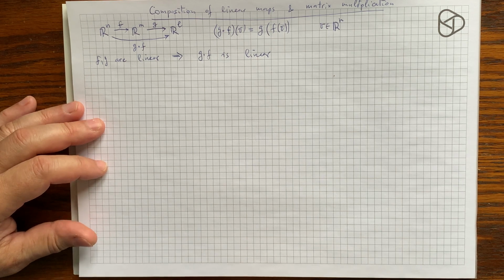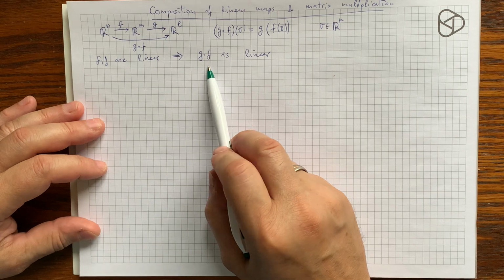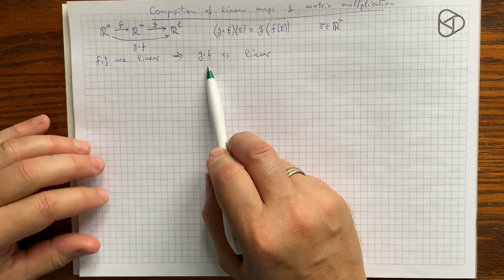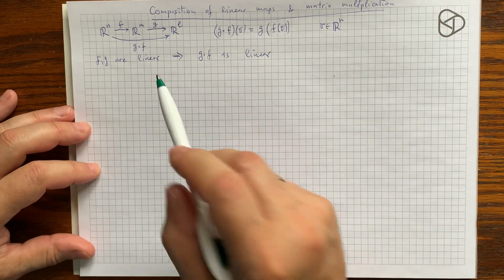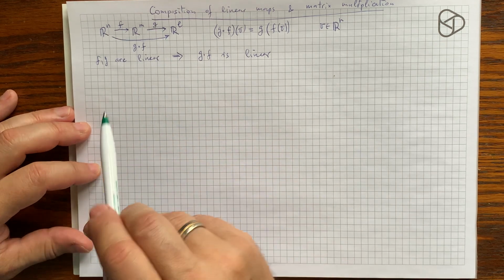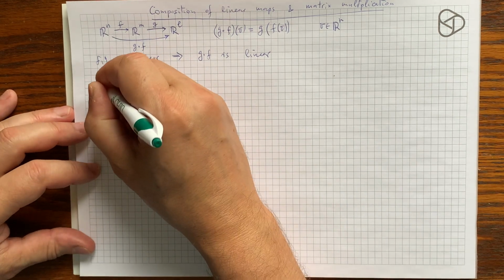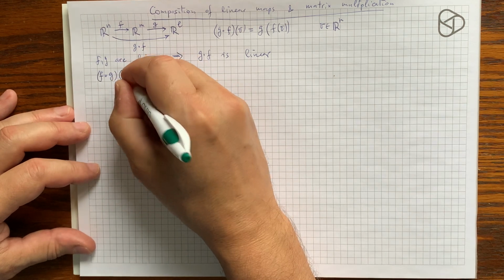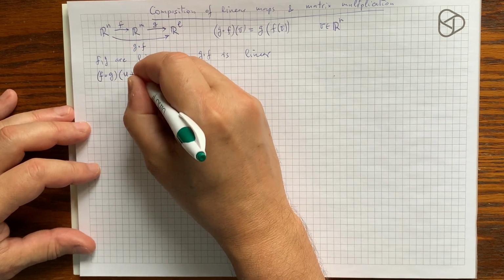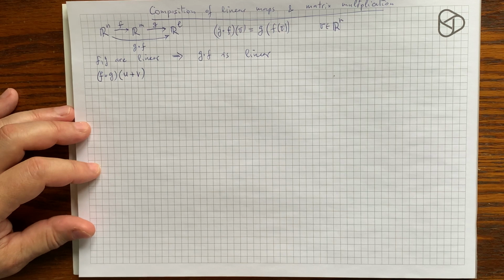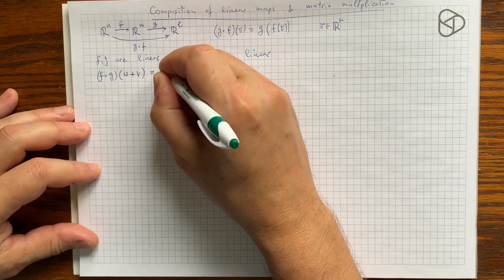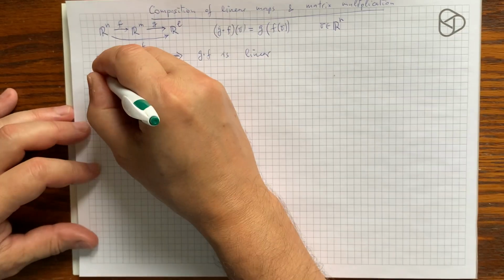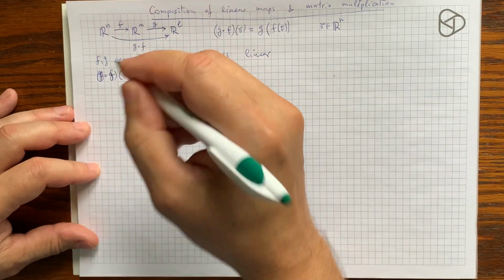I have to see that my new transformation, this composite, is additive and it is preserving scalars, assuming that I have these properties for f and g. So let's first check additivity. Imagine two vectors of length n, u and v, and we compute their sum and we feed them into the composite.